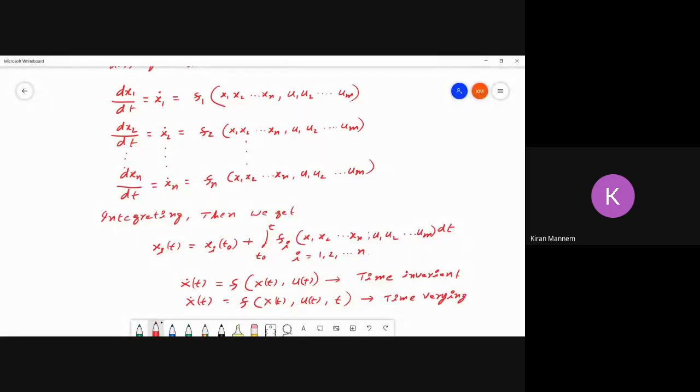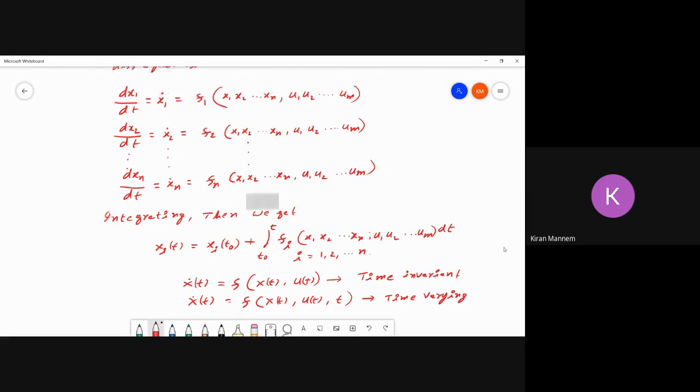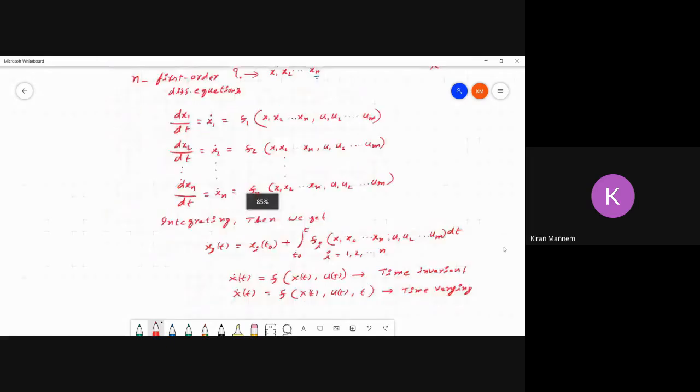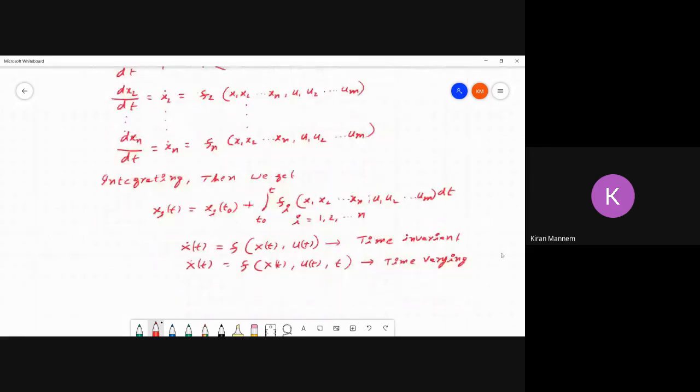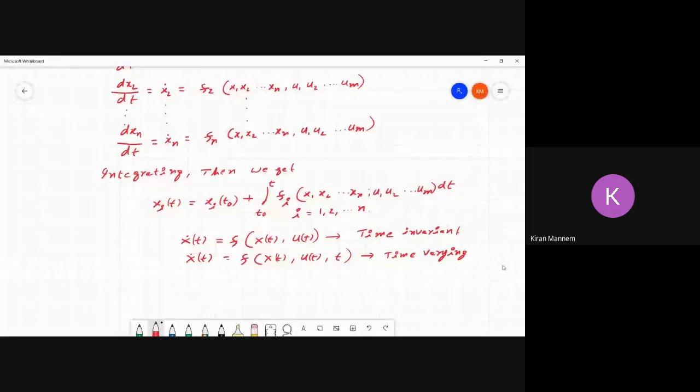Now our interest is to find the state model of linear time invariant system, since we did all the analysis for linear time invariant systems. So let us look at the state model of linear time invariant system.